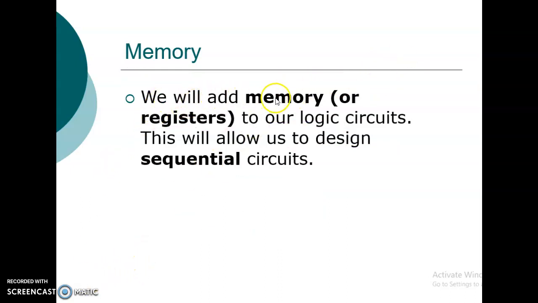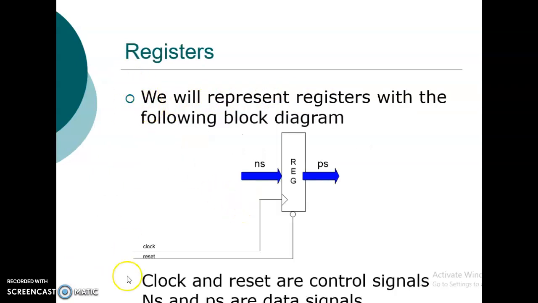We will add memory registers, and we will represent registers with the following block diagram.